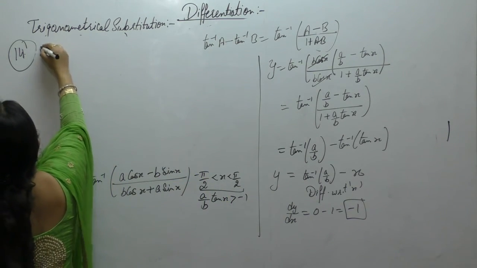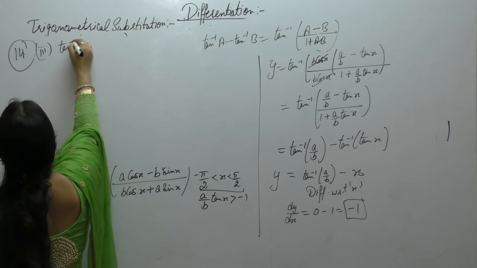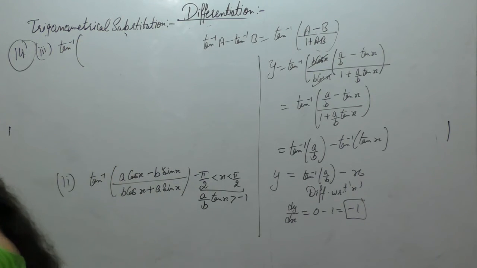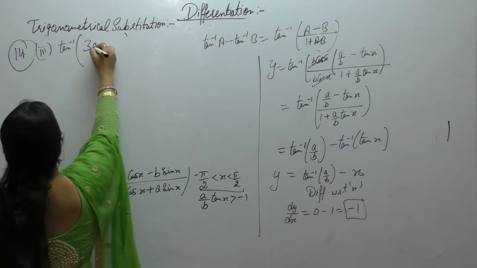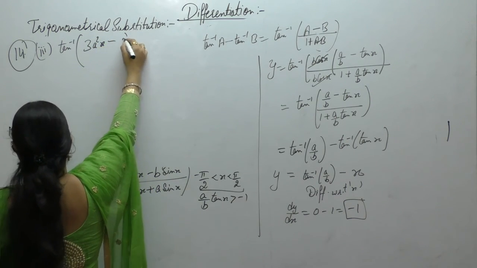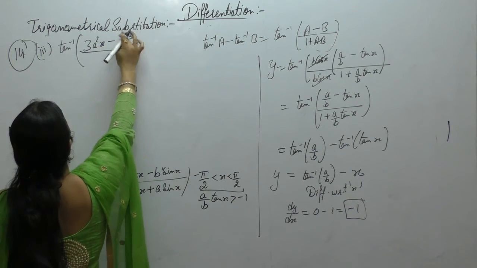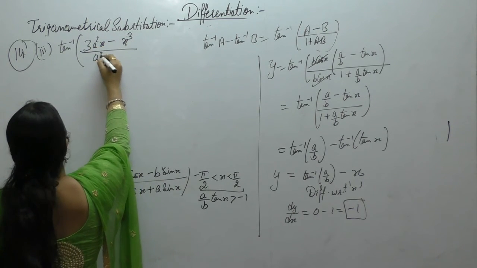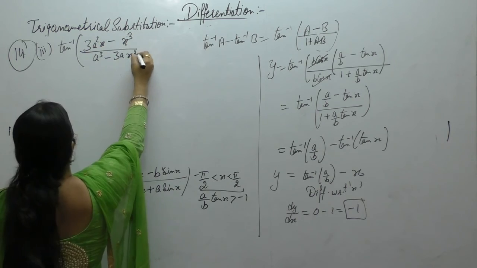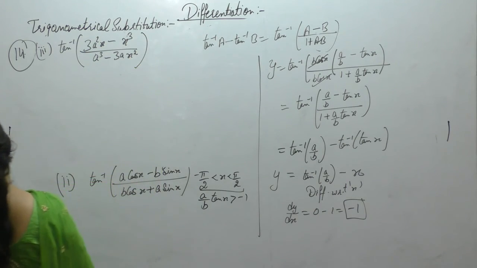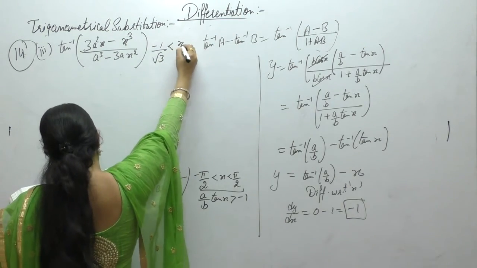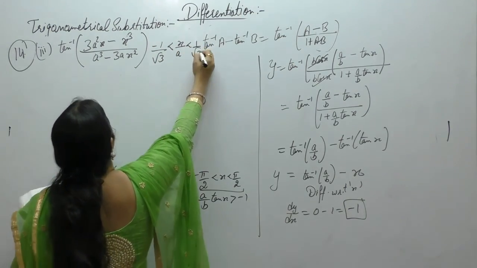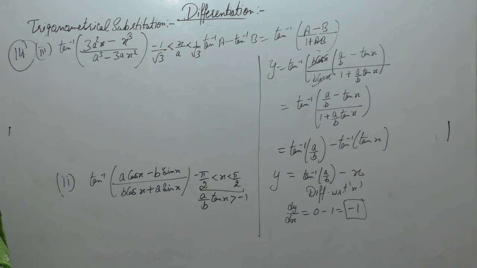Now next part, tan inverse (3a square x minus x cube) upon (a cube minus 3a x square), where minus 1 upon root 3 is less than x upon a less than 1 upon root 3. X upon a is here.